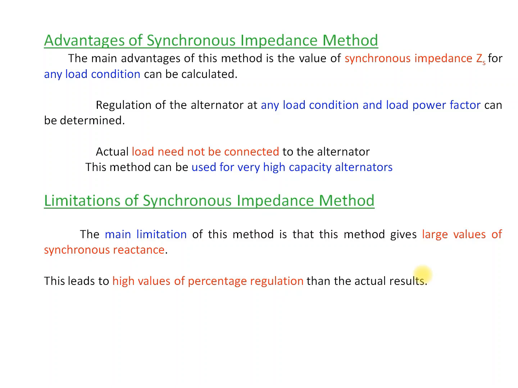The causes for the voltage dip in an alternator are three values: armature resistance, armature leakage reactance, and armature reaction. In this method, we only consider the armature resistance and the armature leakage reactance. We are not taking care of the armature reaction here, so our value will be somewhat higher, and it is not practical.